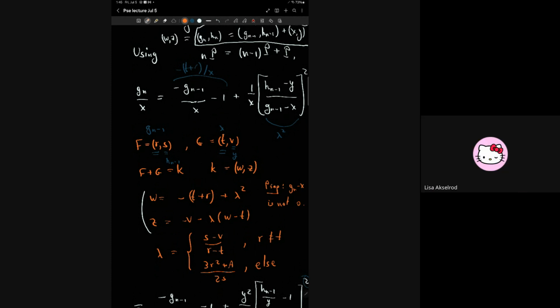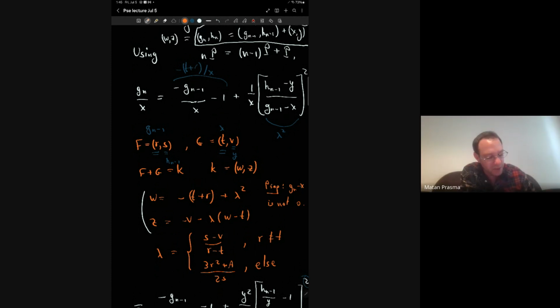Now, the reason gn minus x is not identically 0, we proved, but I can repeat the proof quickly.